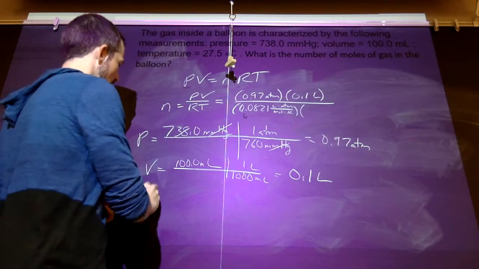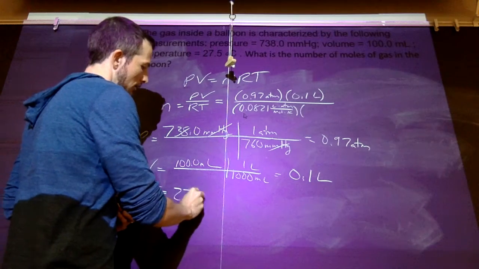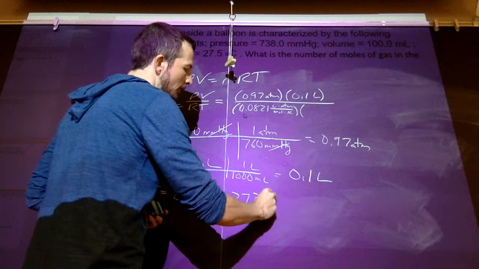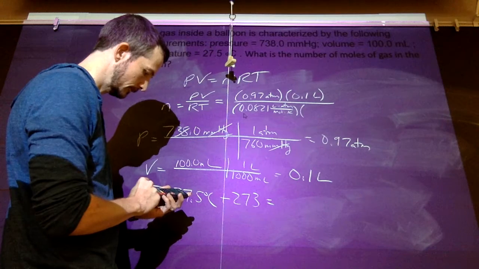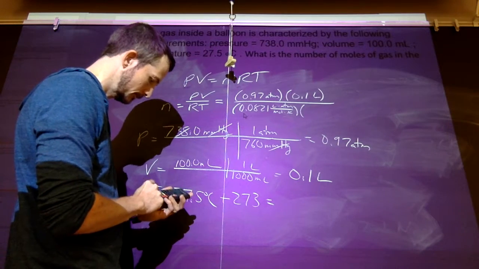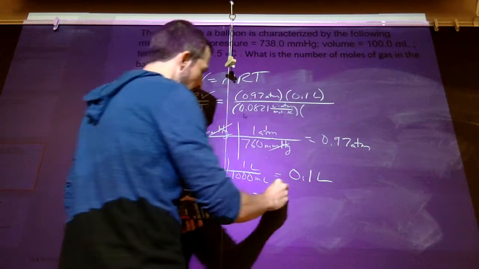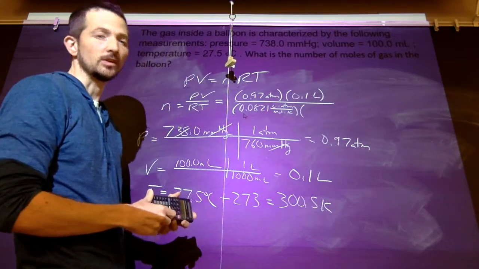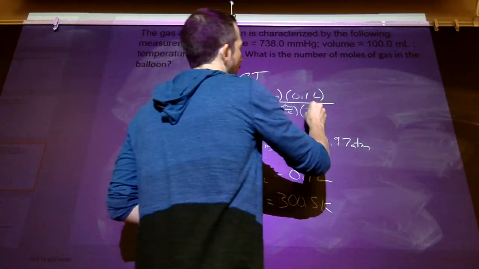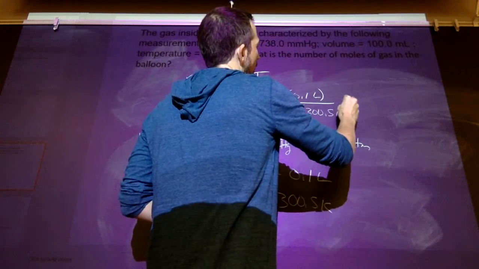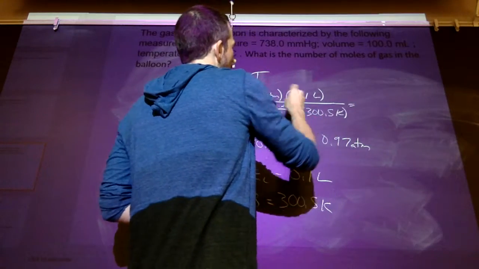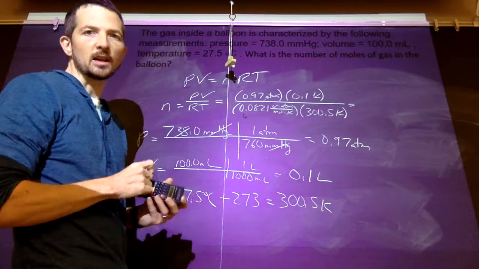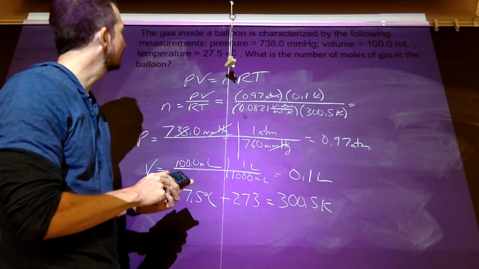Temperature, 27.5 degrees Celsius. Need to add 273 to that. So 300.5. And for all these gas laws, the temperature has to be in Kelvin. Kelvin cancels out, liters cancel out, atmospheres cancel out, and I'm left with my answer in the number of moles.